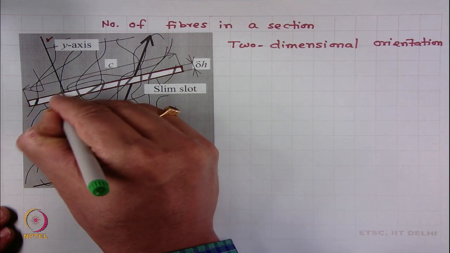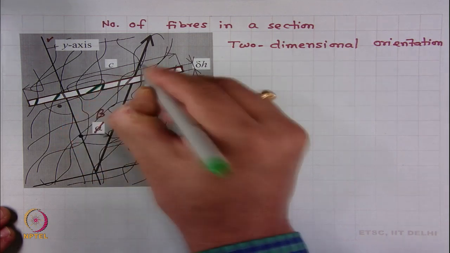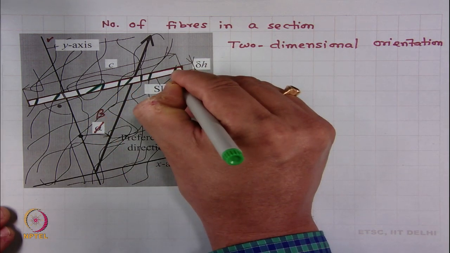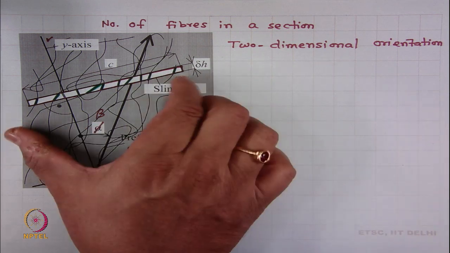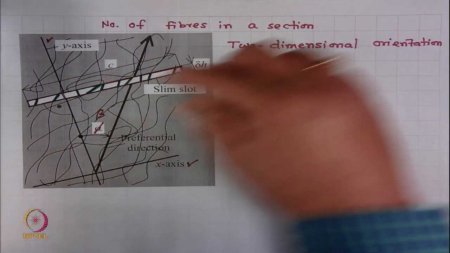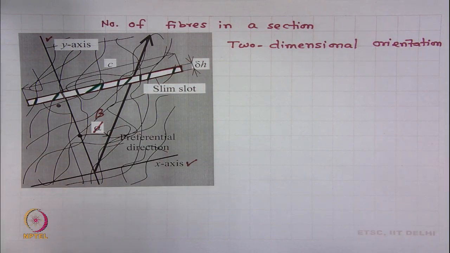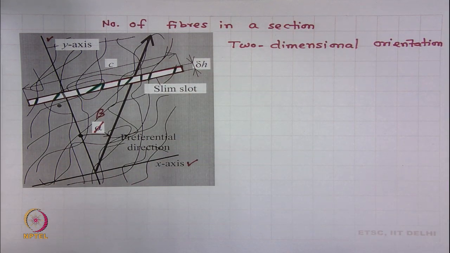This is one, this is another, this is another, this is another, this is another. These all small fiber segments are intersected by this slot. We use green color for them. Then also we see that this slot has a length c and thickness delta h. Thickness is very small, but the length is very large. So, this is all about this image.